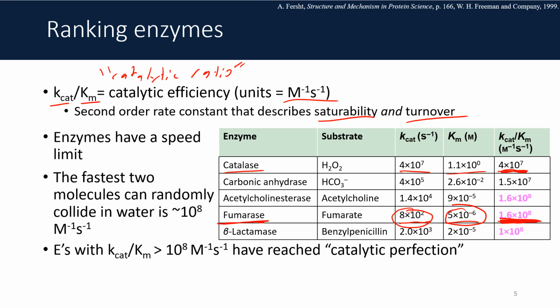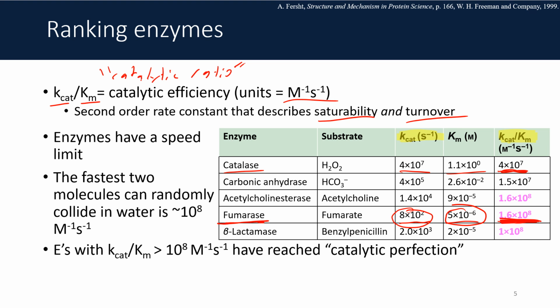If you just look at turnover, which doesn't give you the complete story, it looks like catalase blows fumarase out of the water. But in actuality, if you look at the true efficiencies, fumarase is considerably better. Catalase is still amazing, but fumarase is about 10 times more amazing than amazing.